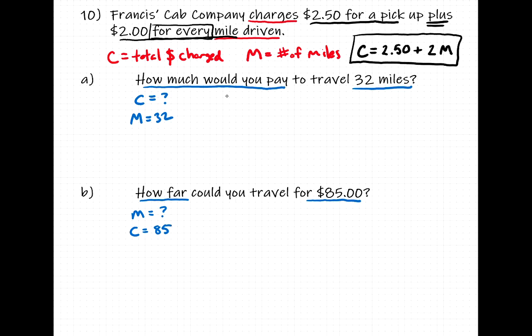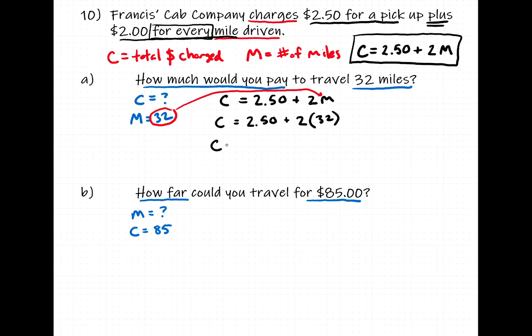So we have this equation, C equals 2.50 plus 2 times M. And we're given that M is 32, so that could go in right here for the M. Instead of C equals 2.50 plus 2M, it's C equals 2.50 plus 2 times 32.